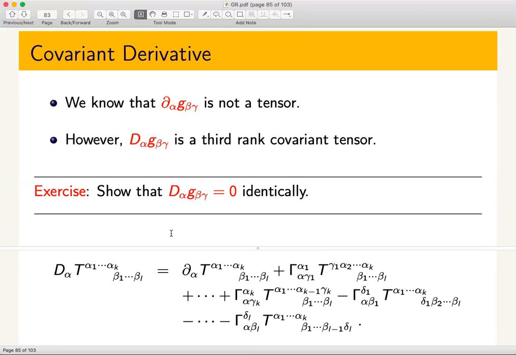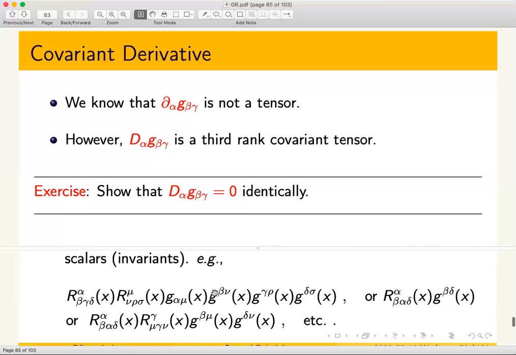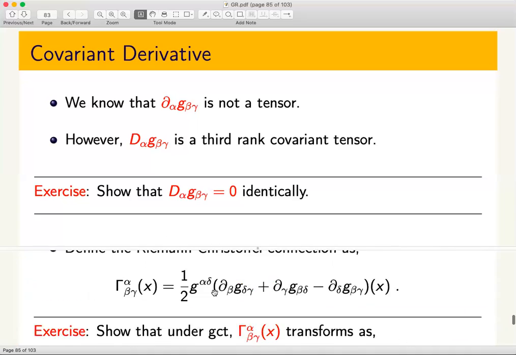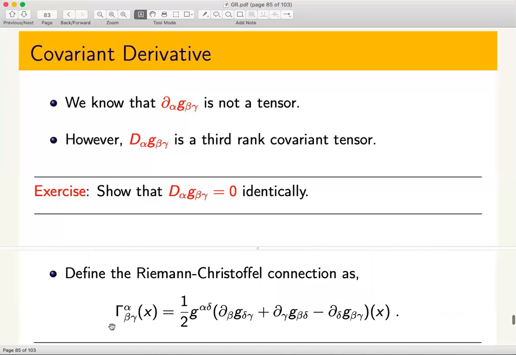And you can check that whatever expression you get would exactly reproduce the formula that we have written down for the Riemann-Christoffel connection, namely this. You should be able to recover that.